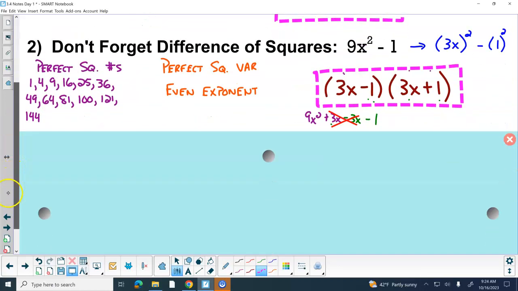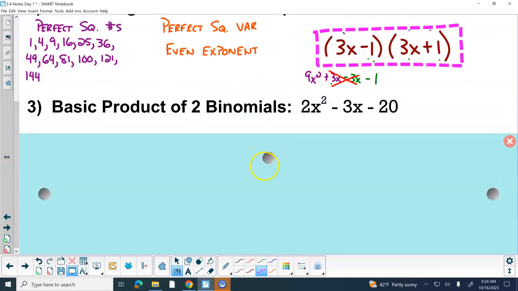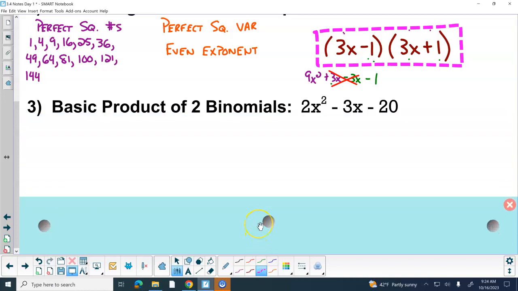Then we got number 3. Our third way of 5. Today we're only going to do 4. Basic product of two binomials. Okay.